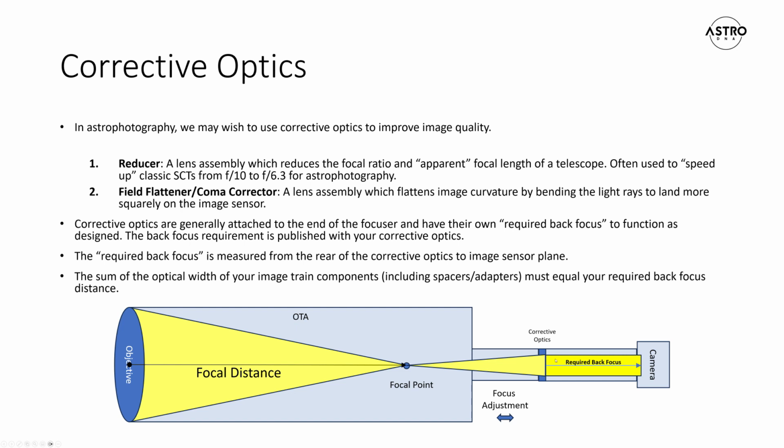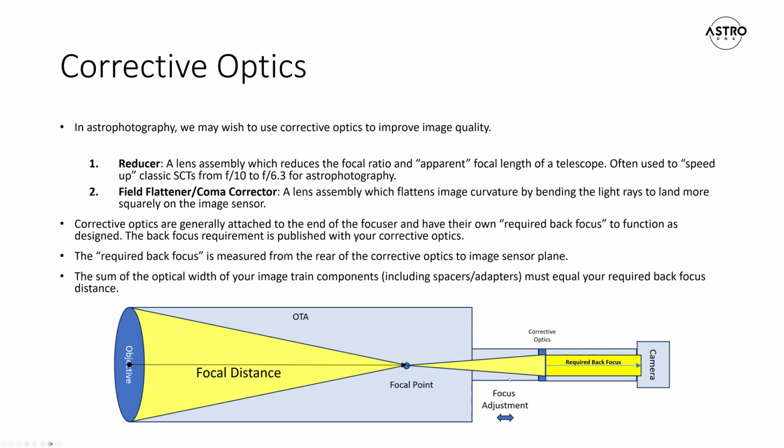All of the things that you might use to do that might be spacers, filter wheels, off-axis guiders, a rotator. Any of the things that you're using in your optical train must add up to your required back focus distance.